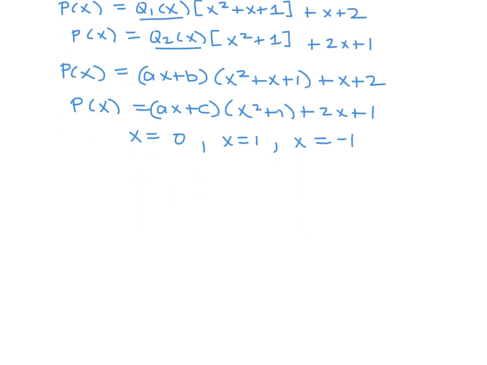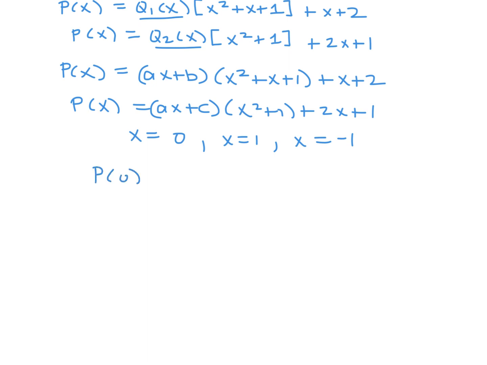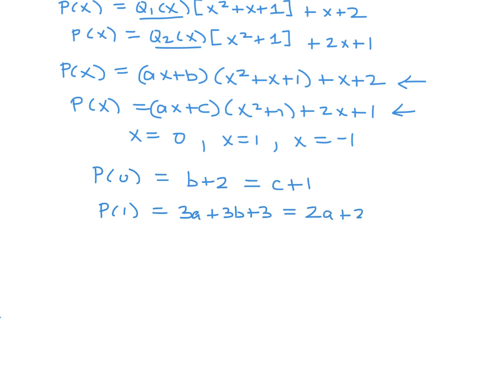Let's see what we get. P of 0 will give me b plus 2 for the first, and for the second, c plus 1. P of 1 for those two equations gives 3a plus 3b plus 3, and 2a plus 2c plus 3.